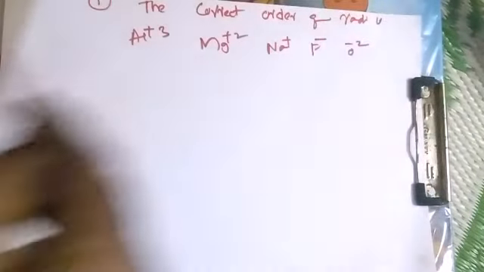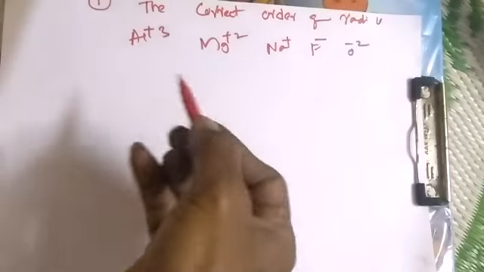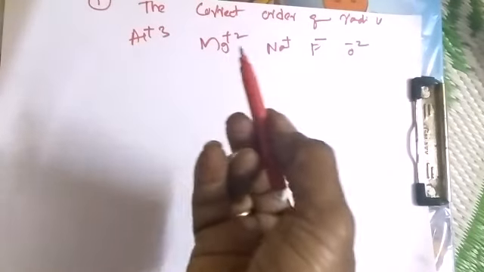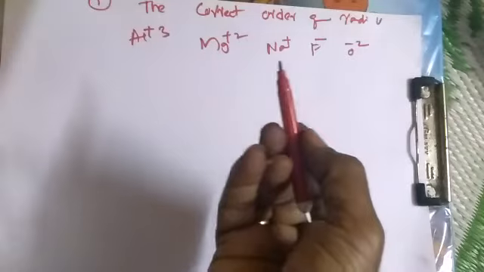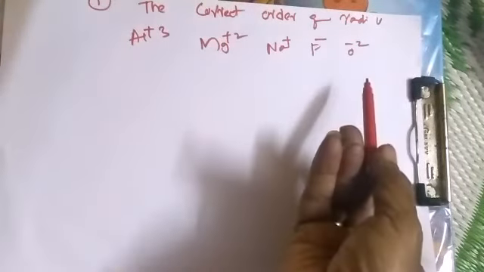So we have 5 spaces. We have to think, which is the correct order? Which is larger in size, which is smaller in size?